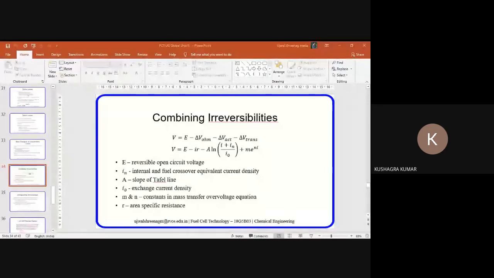Kushagra is present, okay. Kushal M. Gowda, Kushal R from EC, present, sir. Sharath from Aerospace, present, sir. Rakshit Kamath from Mechanical.